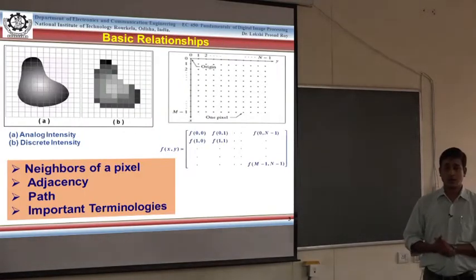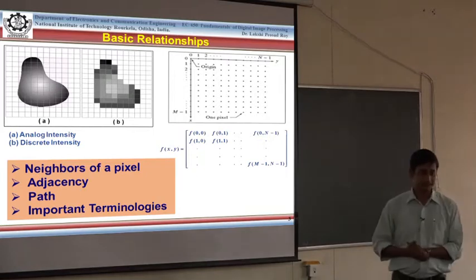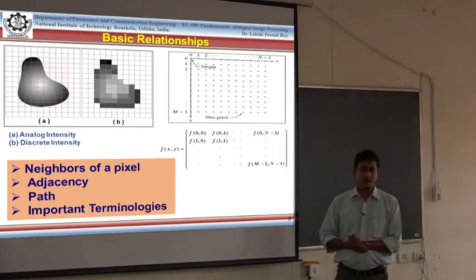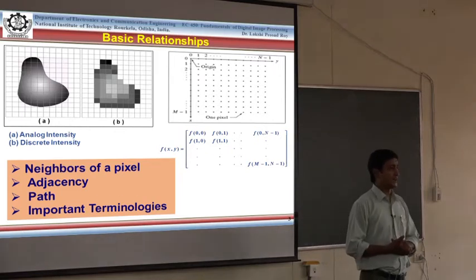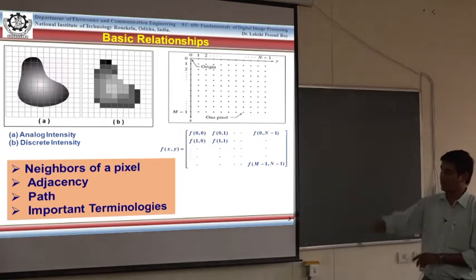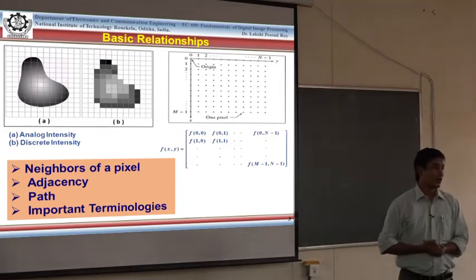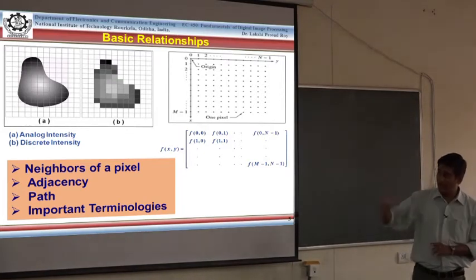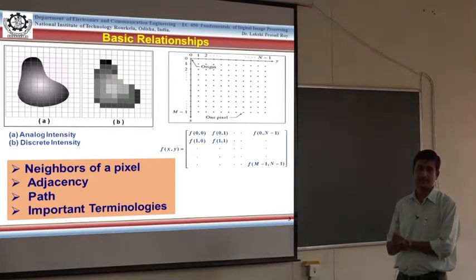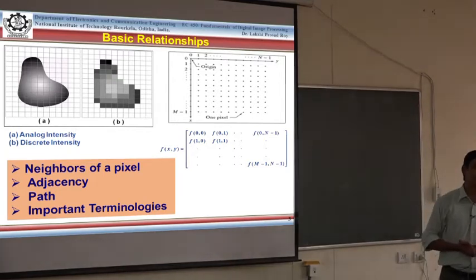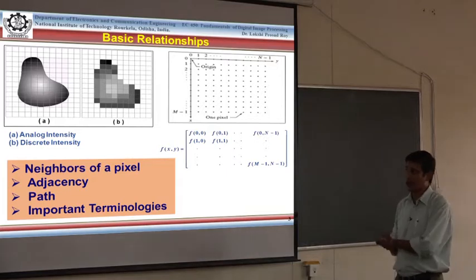Here, let us start from the very beginning, where we did image acquisition by sensors, and we imaged that in an internal image plane, which is given in figure A and mentioned as analog intensity, which we have acquired through the sensors, and in terms of voltage you have represented some analog signals there.